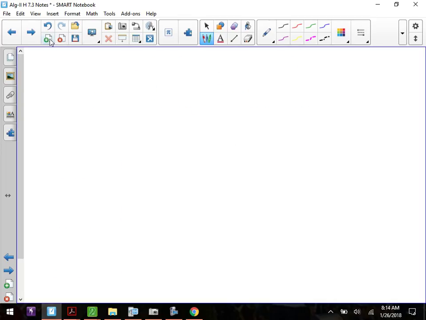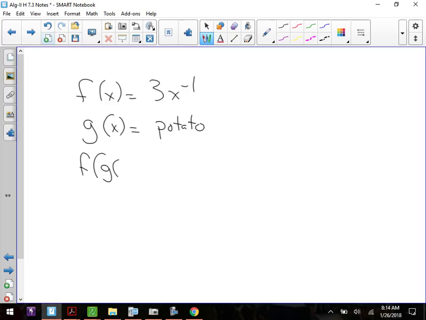Easy way to think of this: if I have f of x equals, we'll use the same idea, 3x to the negative 1, and g of x is potato. If I say what is f of g of x, what do I do with the potato?